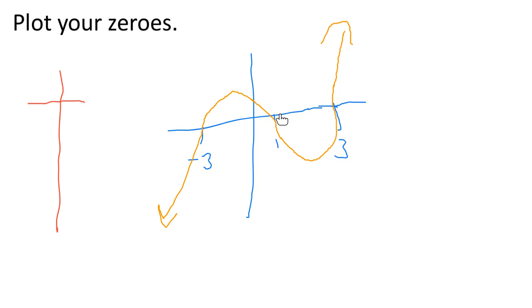I also know that my graph, oh, I forgot one of my zeros. I know that my graph crossed at 9, I believe, so my y-intercept was 9, something over here. But if I wanted to be specific, again, I would choose random values for x and plug them into my function to be more accurate. But again, this is a good way to get a sketch of the graph.